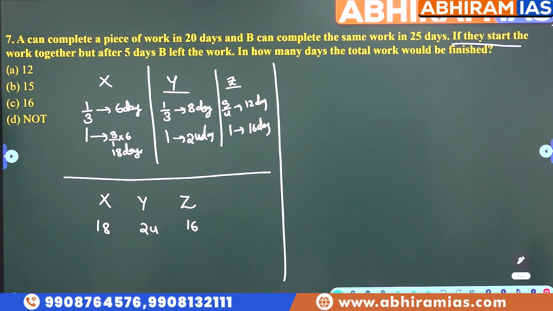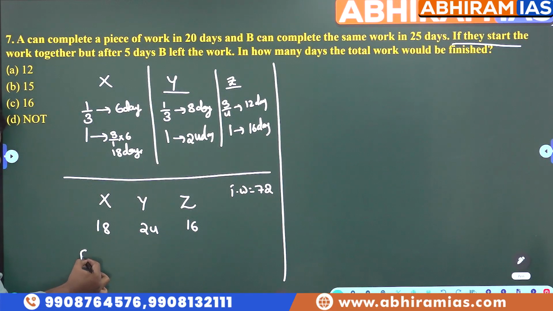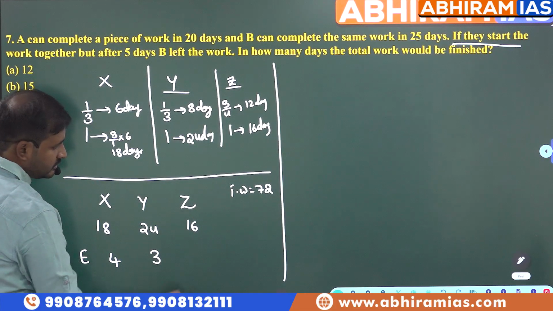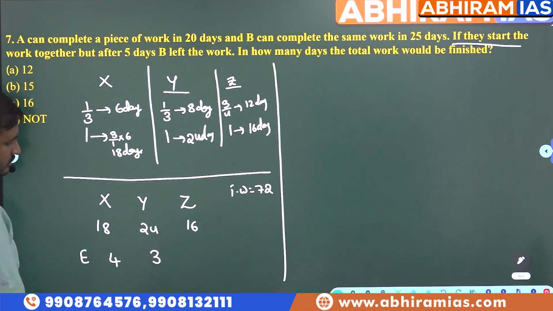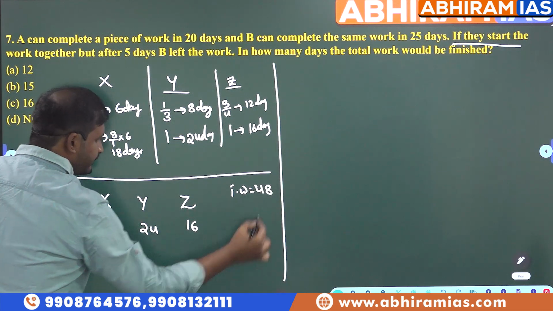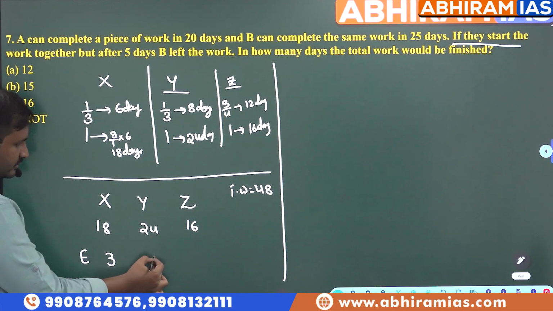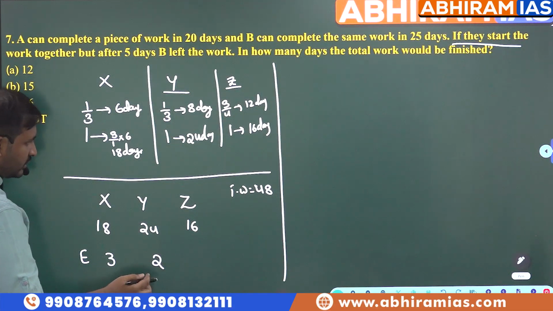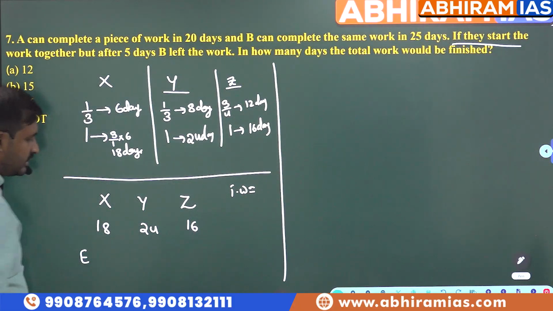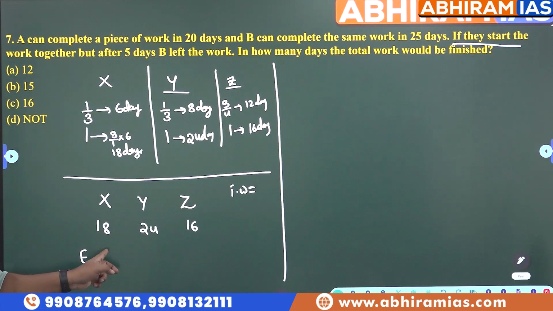Look at the LCM: 24, next 48, it is divisible by 16 but it is not divisible by 18.